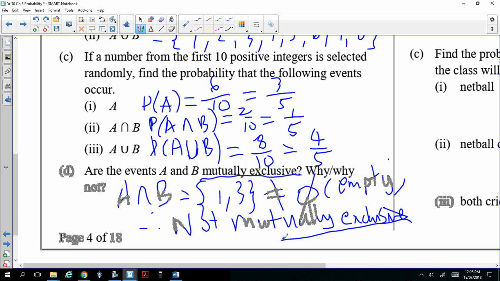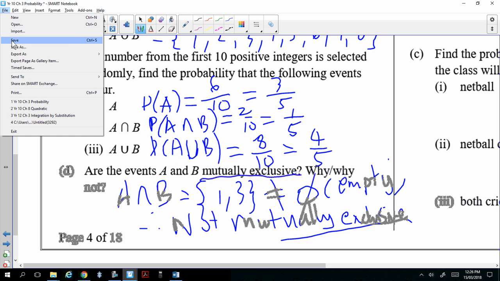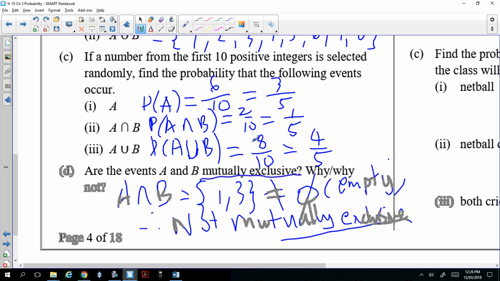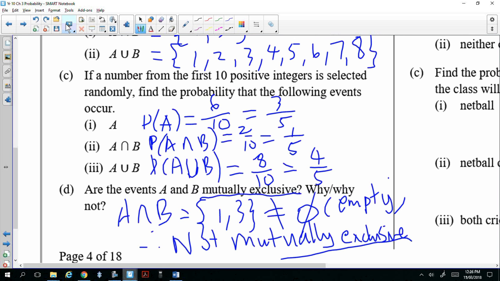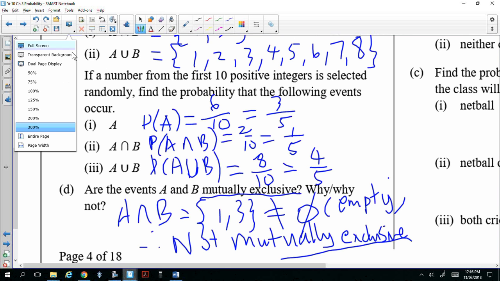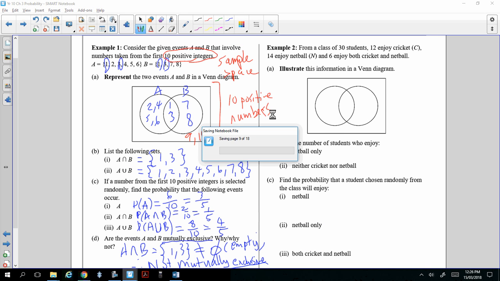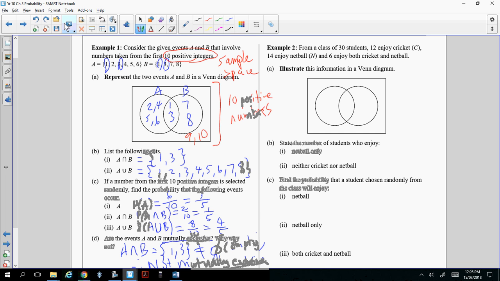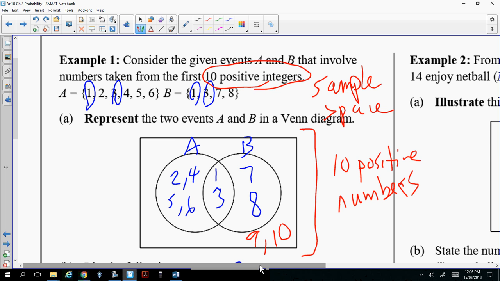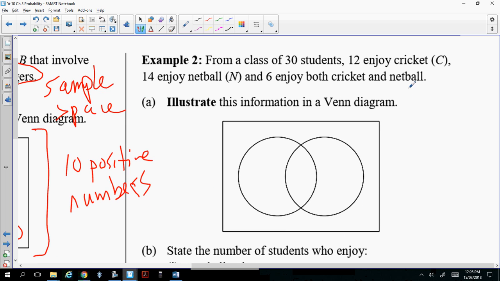We'll do another one with a Venn diagram that has more practical use, about netball and cricket, both of which are maybe some of your favorite sports. Okay. All right, so in example 2 we've got 30 students. 12 enjoy cricket, 14 enjoy netball, 6 enjoy both cricket and netball.